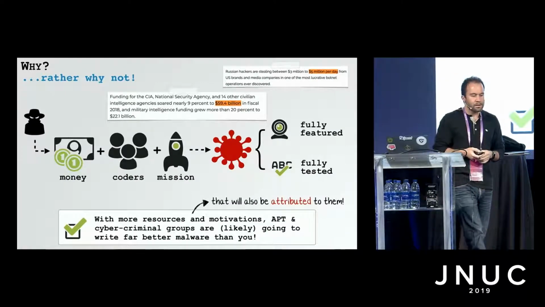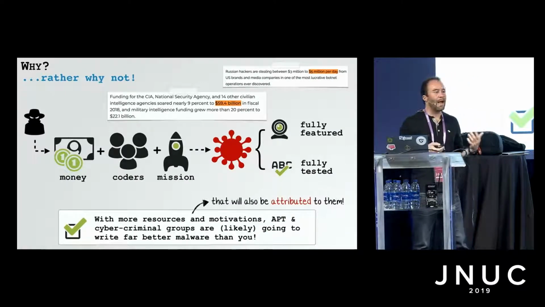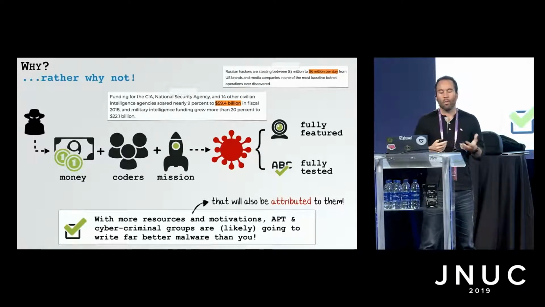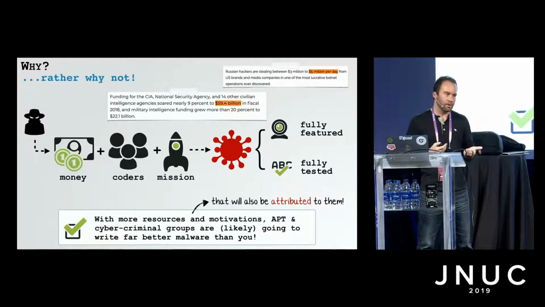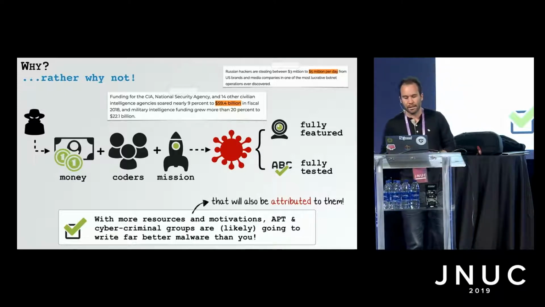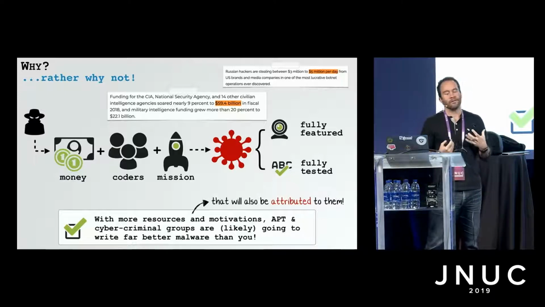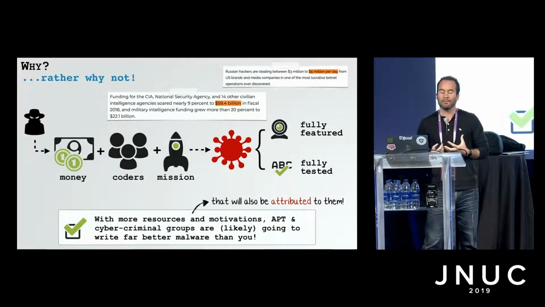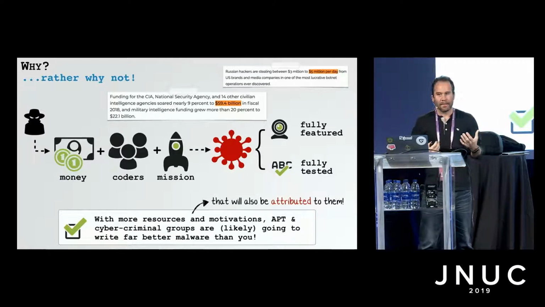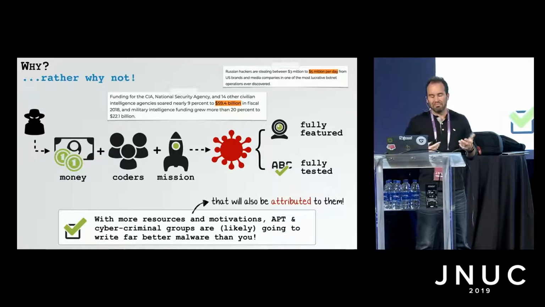So if you're a hacker, let's talk about why this is actually a rather excellent idea. So first, there are incredibly well-funded, well-resourced, very mission-motivated hackers, APT groups, and three-letter agencies that are creating some very sophisticated, very elegant, fully featured Mac malware that they have successfully deployed and tested both locally and in the wild.